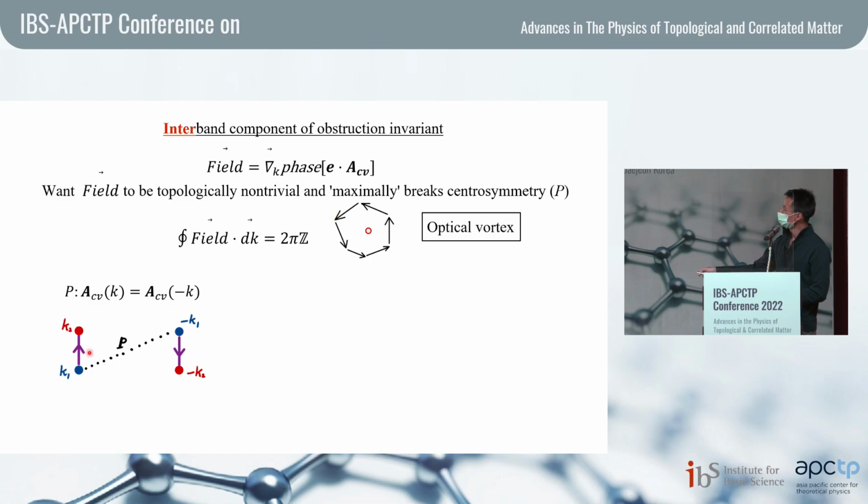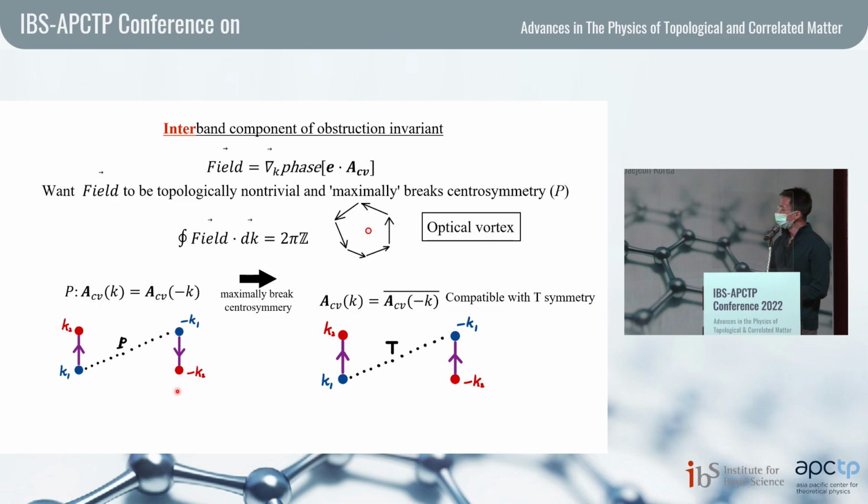This constraint implies that if the phase advances this way between k1 to k2, then parity symmetry tells you that it advances in the opposite way between minus k1 to minus k2. So once again, the way to maximally break central symmetry is to just flip the arrow.